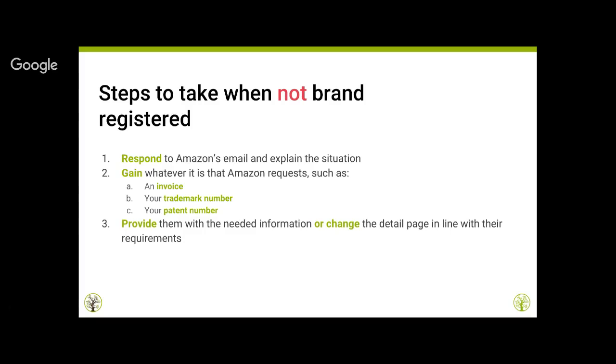Or what you can do is also change the detail page in line with what they're asking about. It might be as simple as having a competitor's brand name on the back end, and you might have to adjust that. Number 4 is ask for proof of the other seller's IP. Some sellers will actually just create these claims without having the patent, or they'll claim something like patent pending, but they don't have the numbers. It's not actually registered. So you need to ask for proof of this and put that on Amazon.